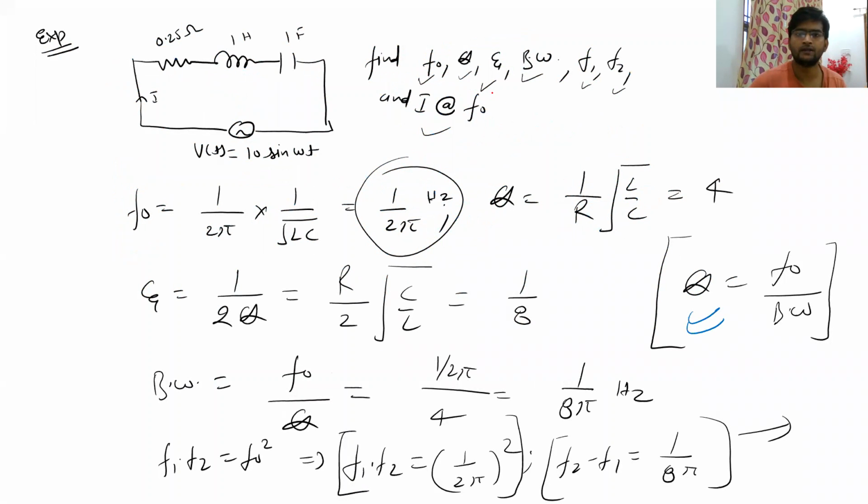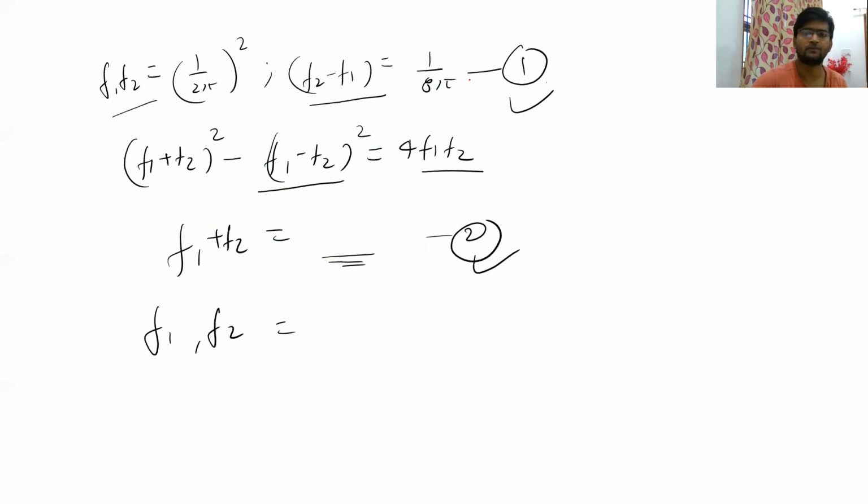value of current at resonant frequency. At resonance, we already know that I is equal to V upon Z, and Z is basically R at resonance. Whenever it is not specified, we will always calculate the RMS values. I already told you that by default, we take the RMS value.